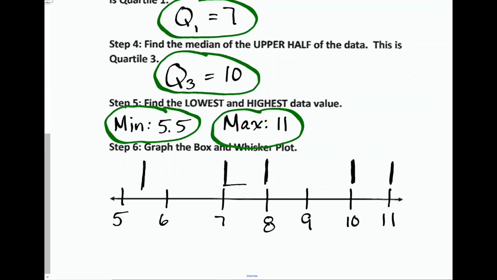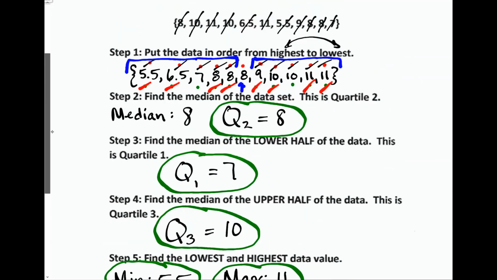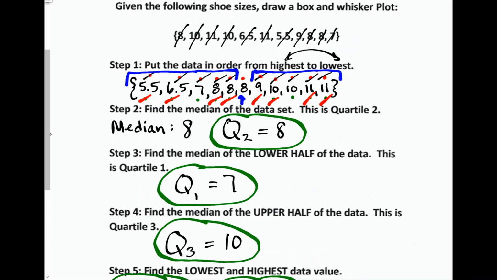So I'm going to draw a line here, which represents the base of the box, and this line represents the top of the box. And then I'm just going to fill in my whiskers. And there is the box and whisker plot for this data set.